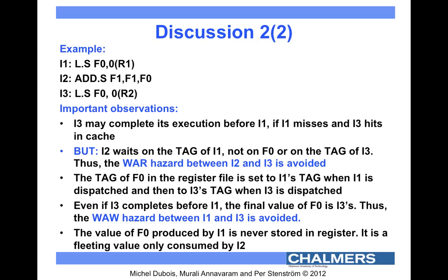Finally, the value of F0 produced by I1 is never stored in a register. It is a fleeting value only consumed by I2. And the important thing is that the final value to be reflected in F0 is the one produced by I3 and not by I1.